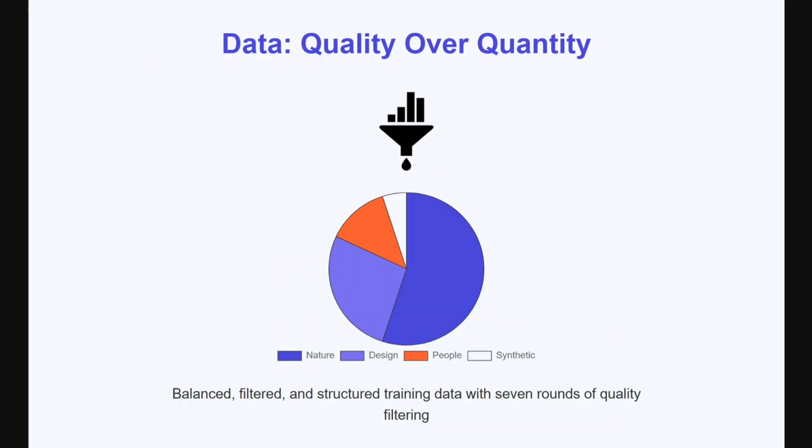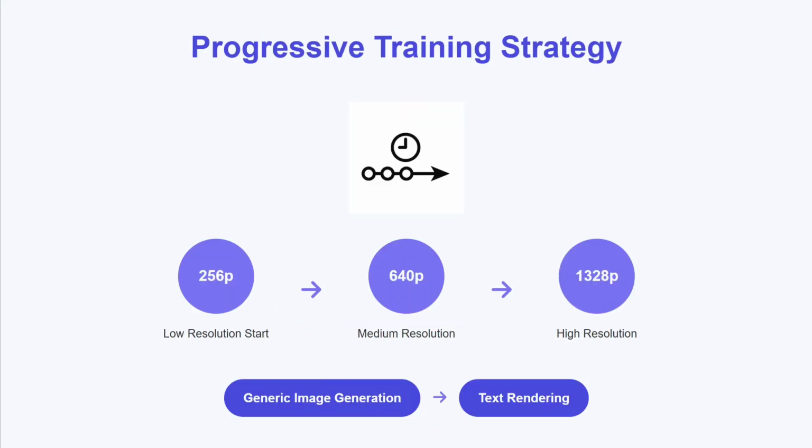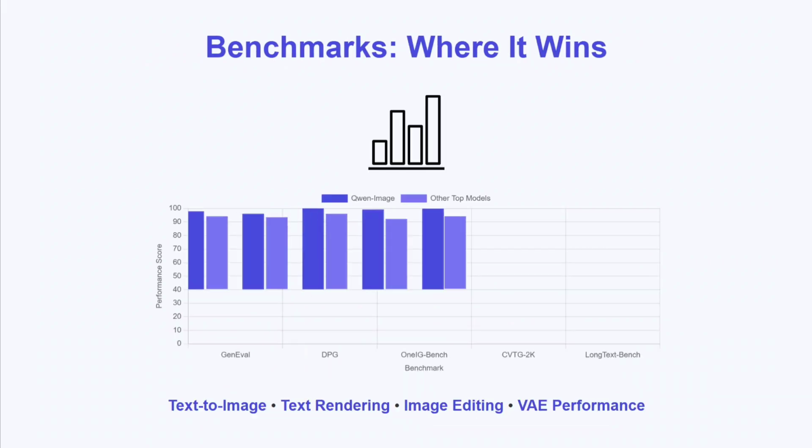Here is a pie chart you can see to understand what different types of data sets were included. Progressive training, I think this is becoming quite a norm for image generation models now. They start off with lower resolution training, that is 256 pixel, then 640, and eventually went to the highest resolution, that is 1328 pixel.